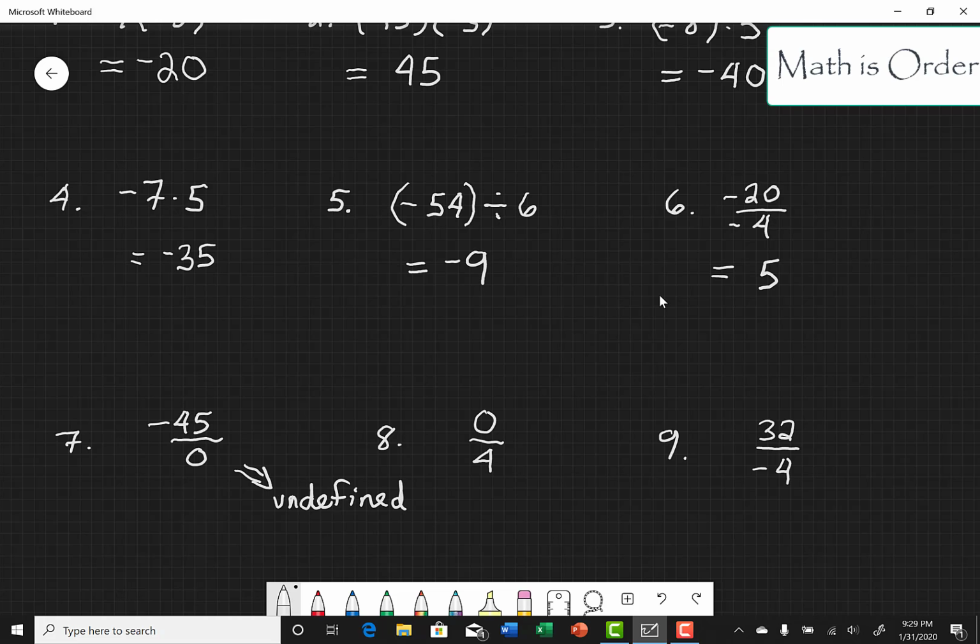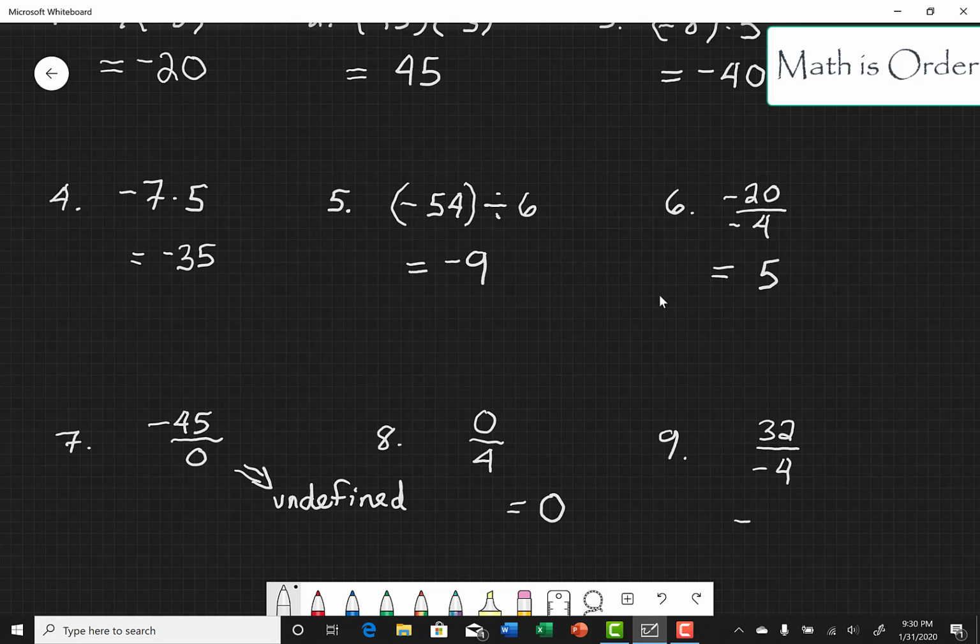But we can have a 0 in the numerator and a non-zero number in the denominator. So number 8 is a permissible operation, but we can never have 0 in the denominator. But 0 in the numerator is okay. So anytime you have 0 in the numerator and any non-zero in the denominator, the result will be 0.